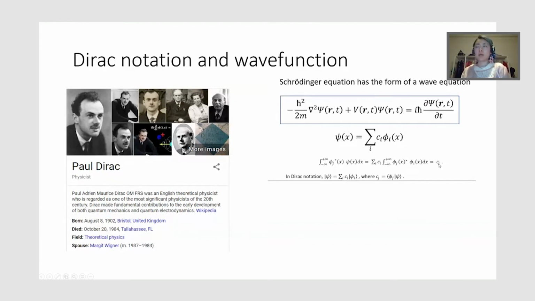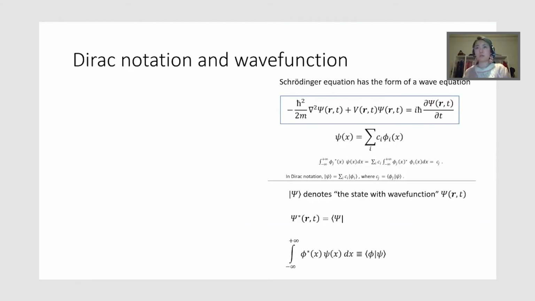And that's how you can calculate what the amplitude would be. And Dirac came up with a simple notation called Dirac notation that would just be shorthand for these integrals. This is the overlap integral between one of the solutions and all of the solutions.